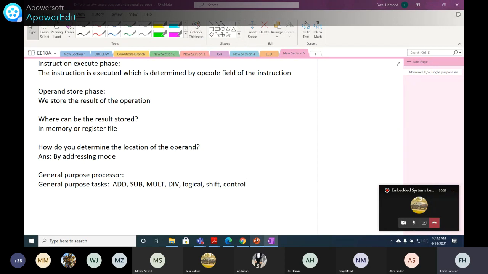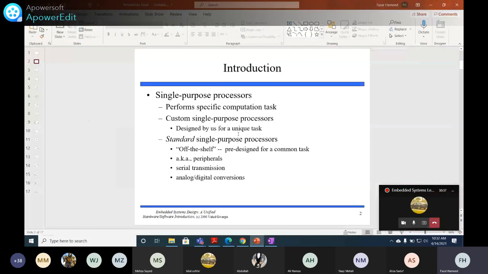We can also categorize them into data transfer instruction, data transformation instruction, and control instruction. So these are different categories of instruction. This is the general purpose processor, and it performs general purpose tasks. A single purpose processor performs very specific tasks, and we will study different examples of single purpose processors.